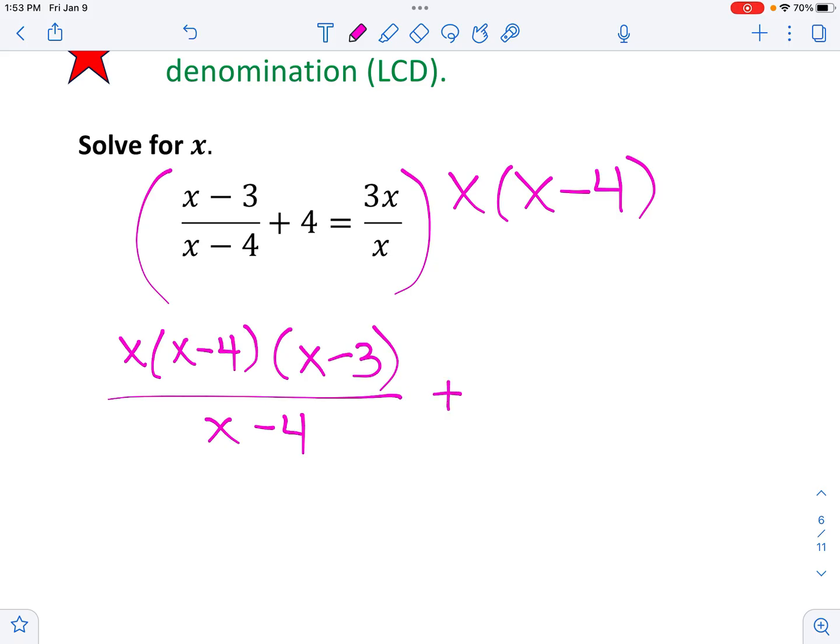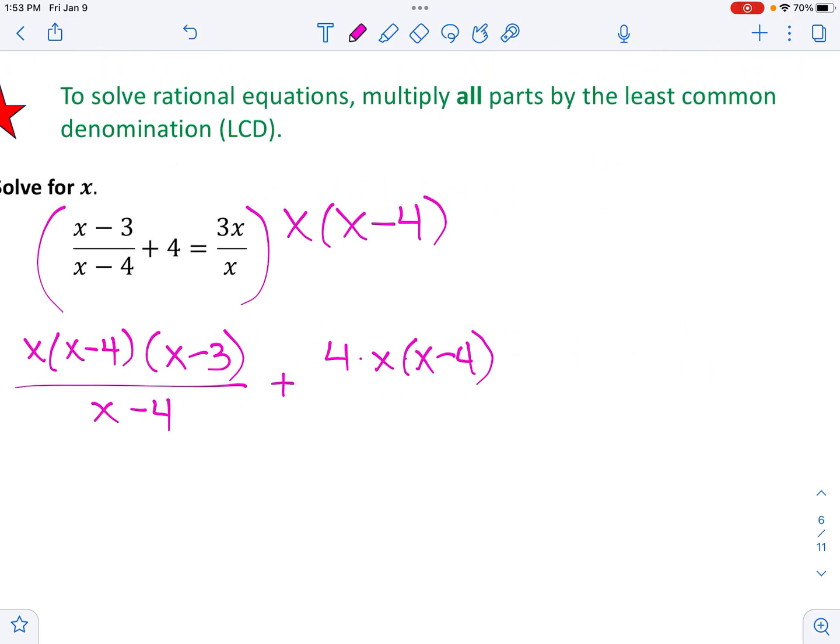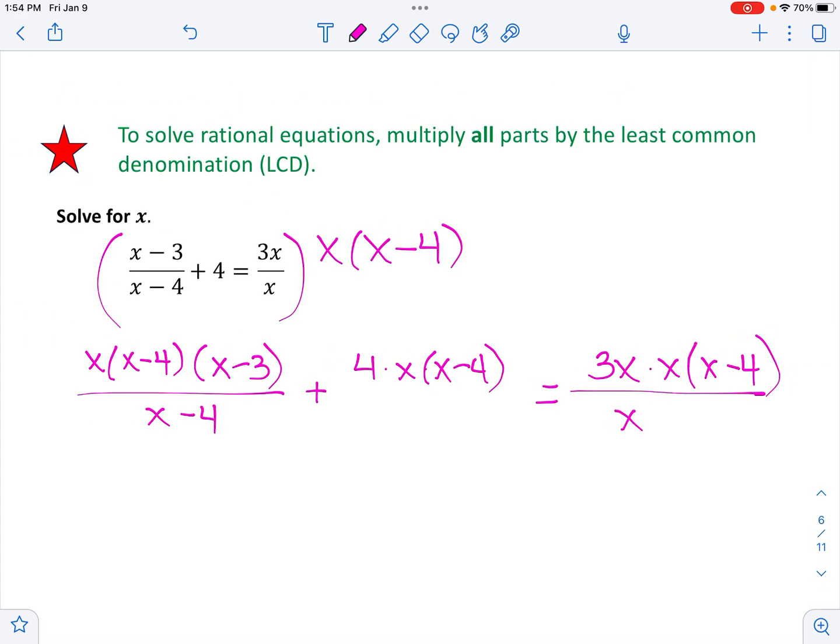And then if I multiplied the 4 by x and x minus 4, I would get this. And then over here, I would get this. Now normally you probably wouldn't write all of this out, but I want to do this the first time to just show you what cancels out.